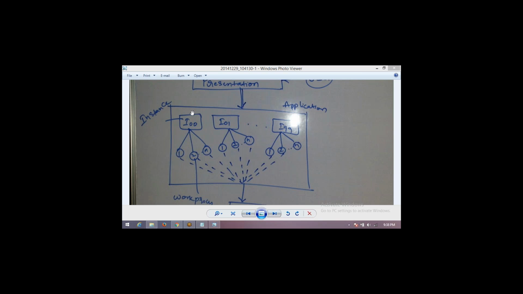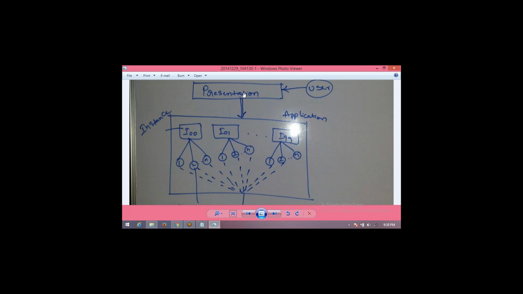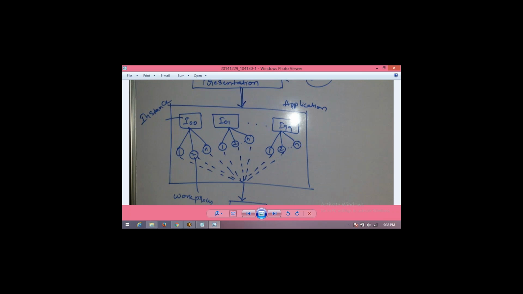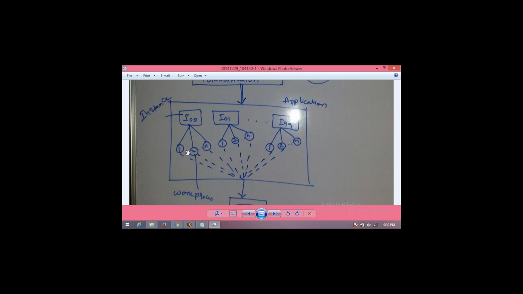Now what instance will do: whenever user gives any input to the presentation layer, that will come to the application layer, then it will assign to the related instance, related server. The instance has all the information of work processes, from 1 to n.